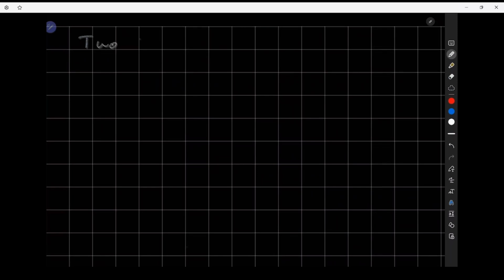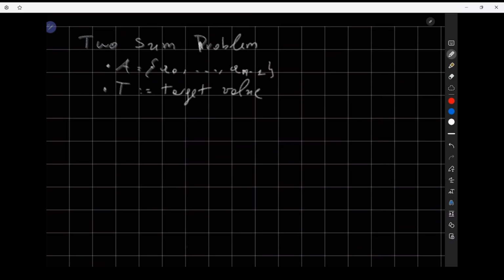So for the TwoSum problem, I will summarize here the relevant bits of the assignment. In the TwoSum problem, we have an array A of n elements, A0 up to A(n-1). We are also given a target value t. They're both integers.